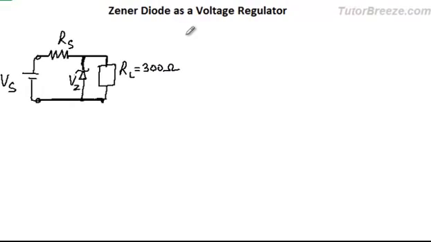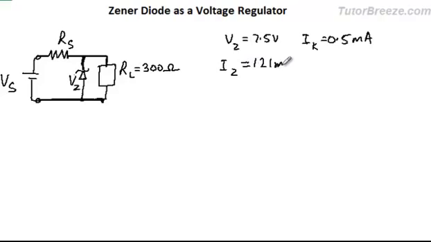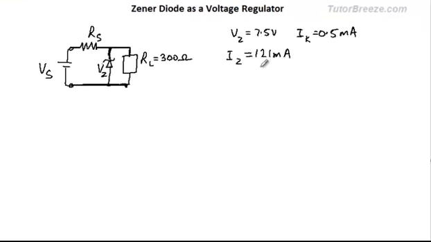Now say we are given that the breakdown voltage of the Zener is 7.5 volts, the knee current is 0.5 milliampere, the maximum current is 121 milliampere. If you recall, we found the value as 133 milliampere, but this is according to the sheet, the specifications given for the diode.